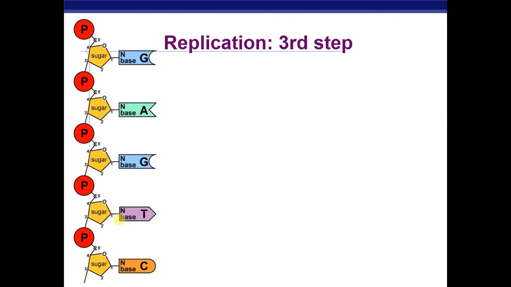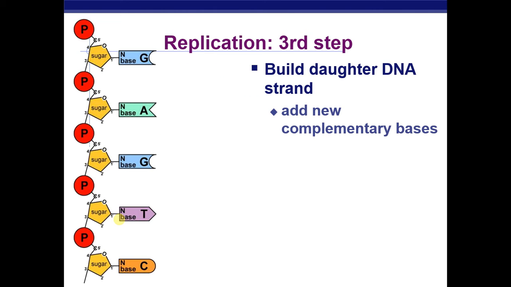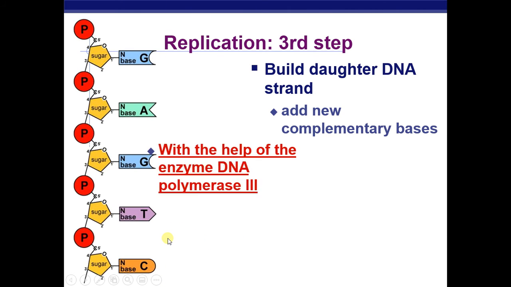Then the third step is really where the action gets going. We build our daughter DNA strand. So we go base by base, or nucleotide by nucleotide, and add in the matching or complementary DNA nucleotide going in the opposite direction.